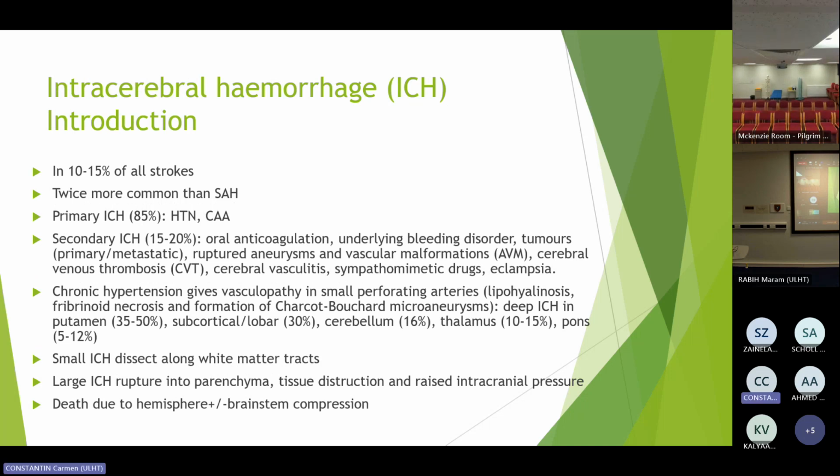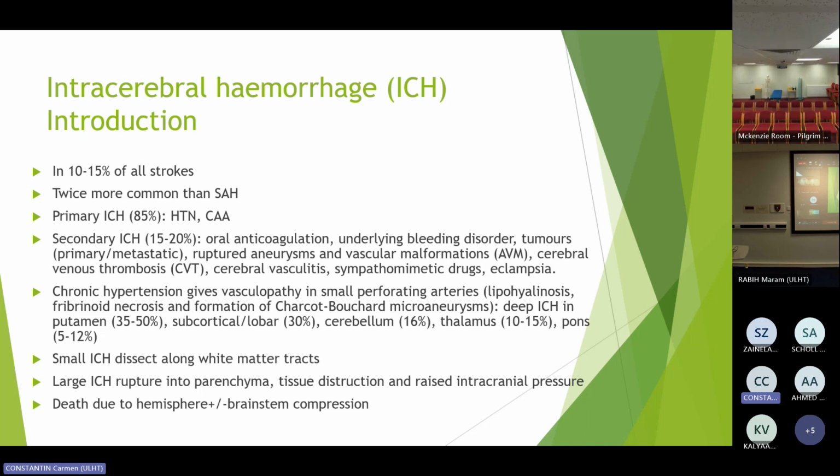Now the intracerebral hemorrhage. So luckily they are covering just up to 15% of all strokes. They are twice more common than subarachnoid. We do have in primary hemorrhagic stroke, main causes hypertension and cerebral amyloid disease.